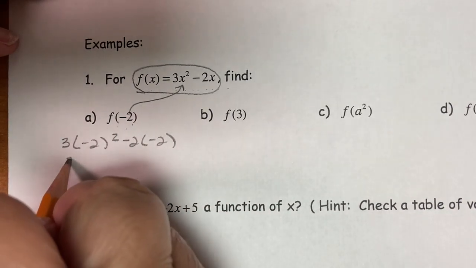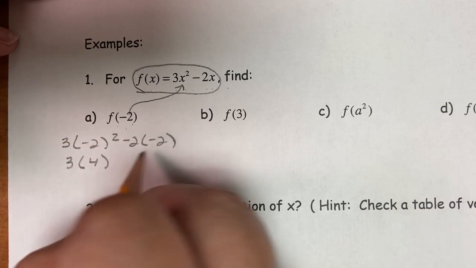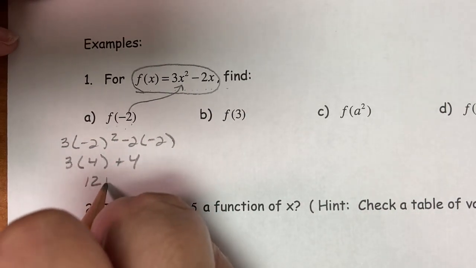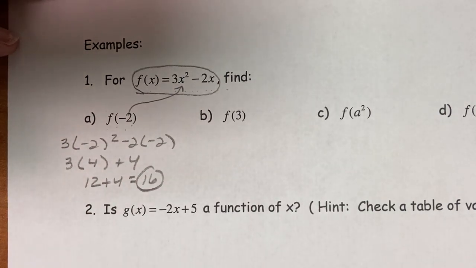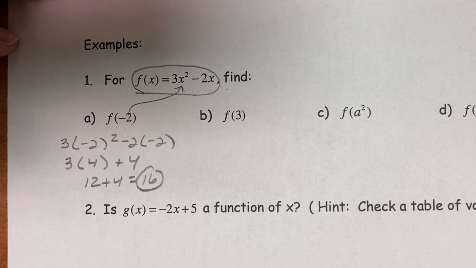Well, we'd have to do our exponents first, so that would be 3 times 4, and then negative 2 times negative 2 is plus 4, which would be 12 plus 4, which would be 16. So f of negative 2 is 16. So we can find the function at a specific value.